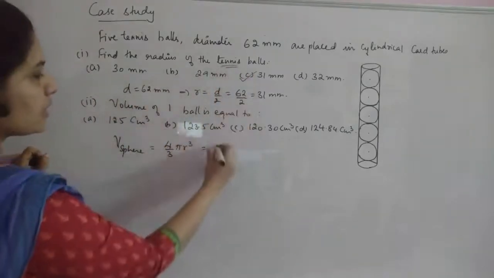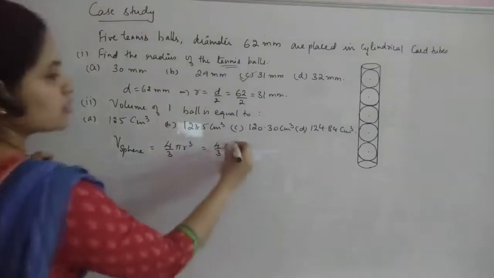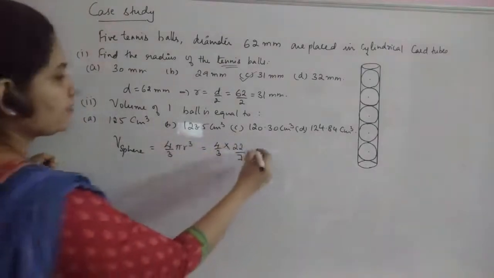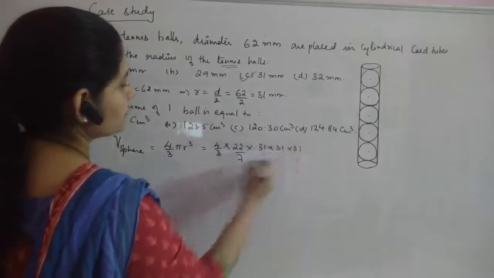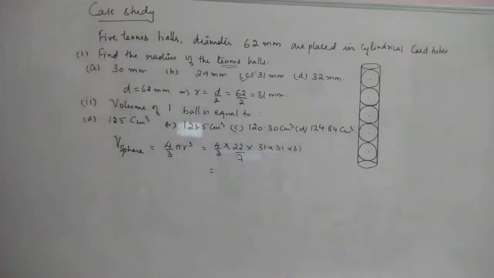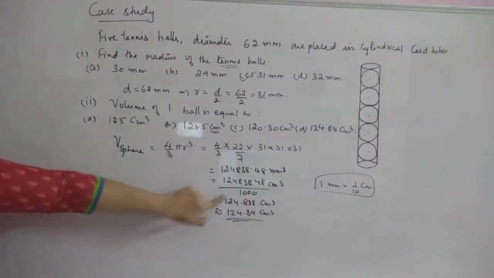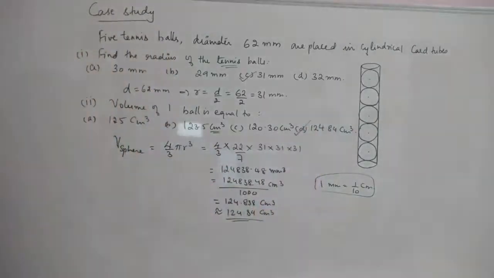So you can use that value: 4 by 3 pi. If it is not mentioned in the question, you can use 22 by 7 for pi. Replace r cube with 31 cube. Just calculate and tell me what you are getting. This will be the calculated value. After that, divide by 1000 and you get approximately the required answer.